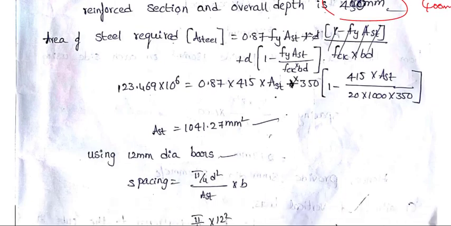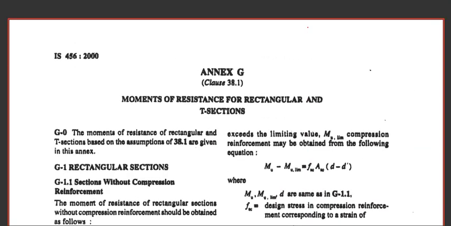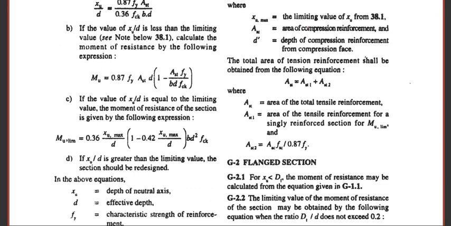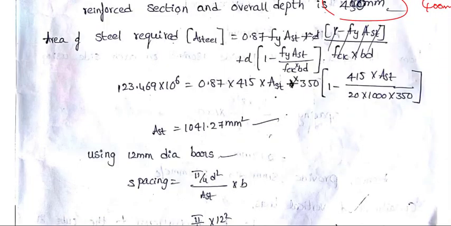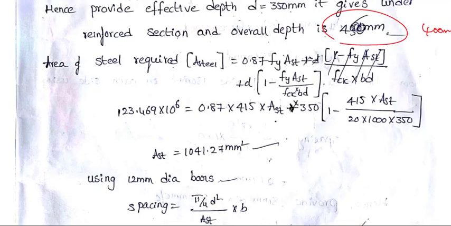Next, we need to find out the area of steel required. For that formula, go to the code book, Annexure G. Here you can see 0.87 and the previous formula 0.36 Xu max by D. By substituting all the values you will get Ast. Mu is equal to 0.87 Fy Ast d, where Mu is 123, Fy is 415, Ast is what we need to find out, and d is 350 mm, the effective depth, not the overall depth.